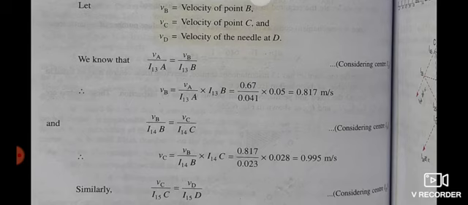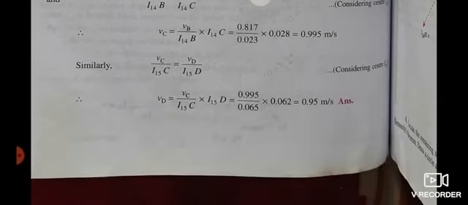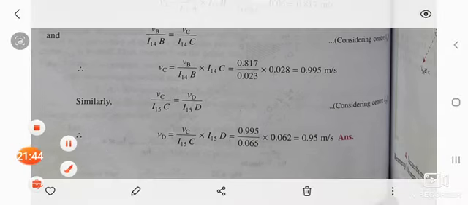So this value of VC comes to 0.095 meter per second. Similarly, VC by I15C equals VD by I15D, considering center I15. So VD equals VC by I15C multiplied by I15D. So this value of VD comes to 0.95 meter per second. So it is better to solve different questions that have been asked in university examinations. Thank you.